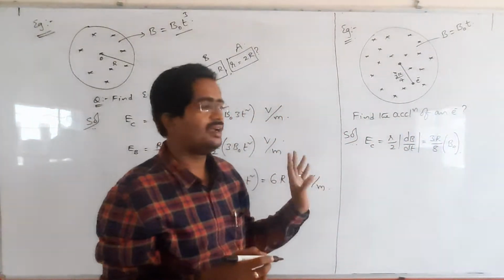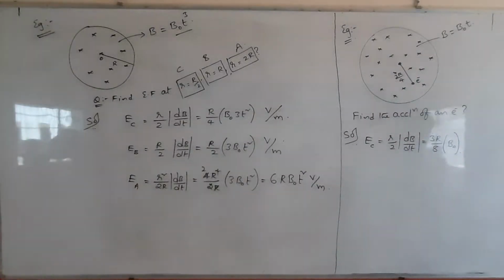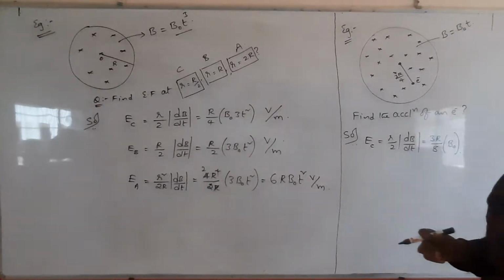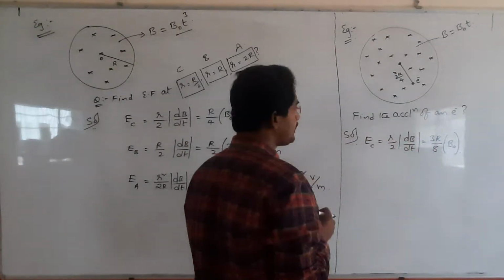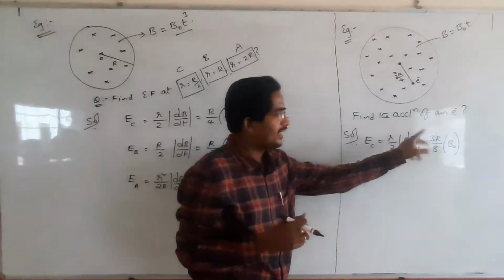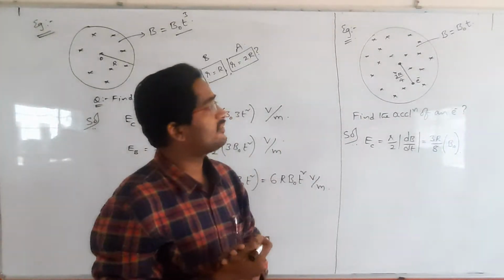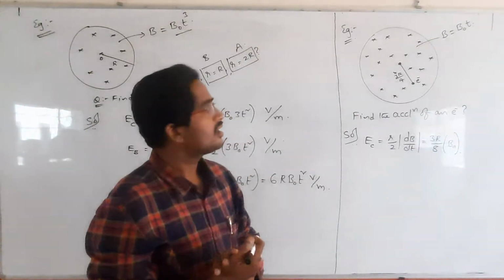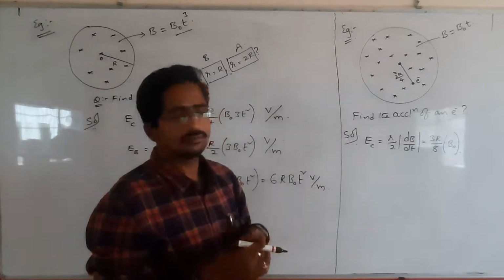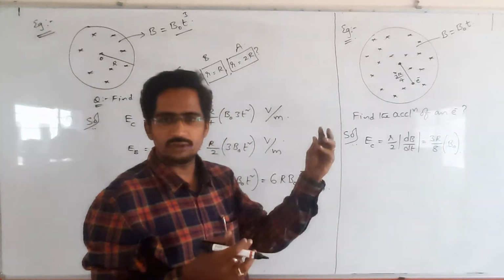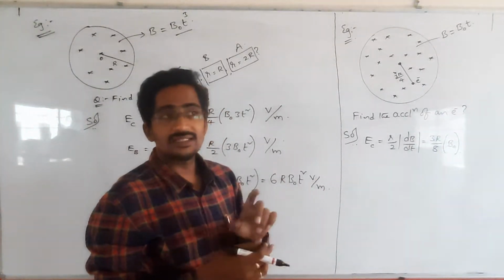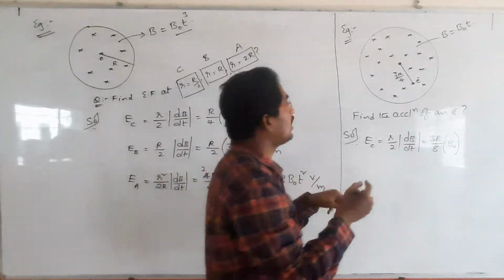So we got that electric field intensity. What is the direction of the electric field intensity there? As B is increasing, to oppose that, another field is induced in the opposite direction, such that current moves in anti-clockwise direction.